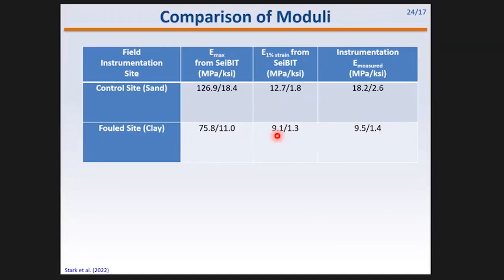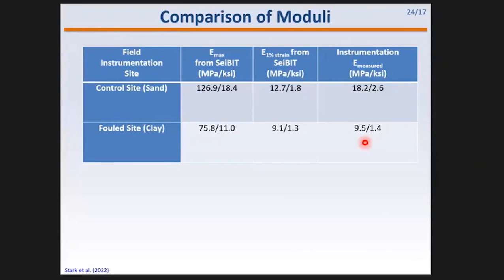The instrumentation that was installed at those two sites, the control site yielded about 18.2 and the fouled site about 9.5, using the normalized axial strain that I mentioned. So we're certainly in the right ballpark.